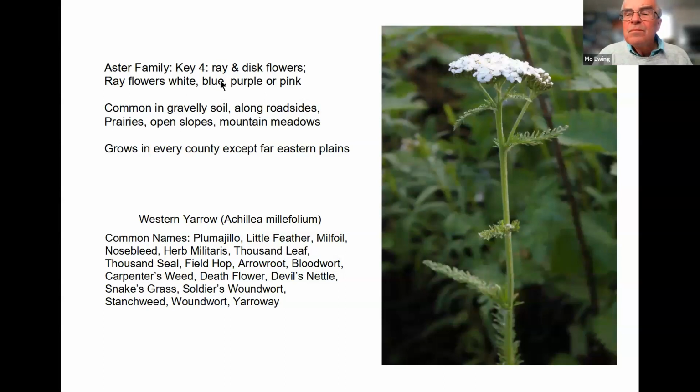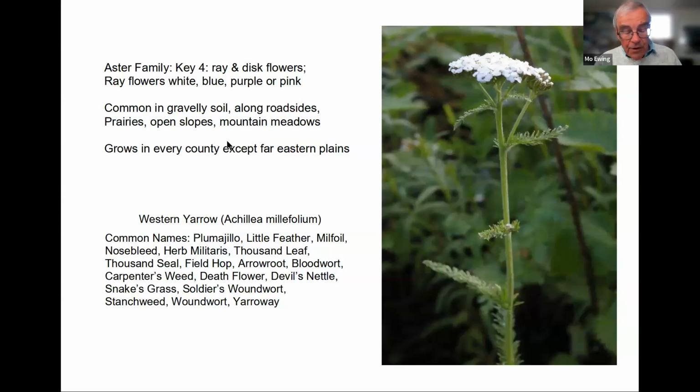I just thought, this looks a little bit like a carrot, and it might confuse you, but you'd have to look and see whether or not it had the double, ray and disc flowers, ray flowers white, blue, purple, or pink. Well, that falls into key 4. It's common on gravelly soil. And this is a plant that was brought over from Europe.